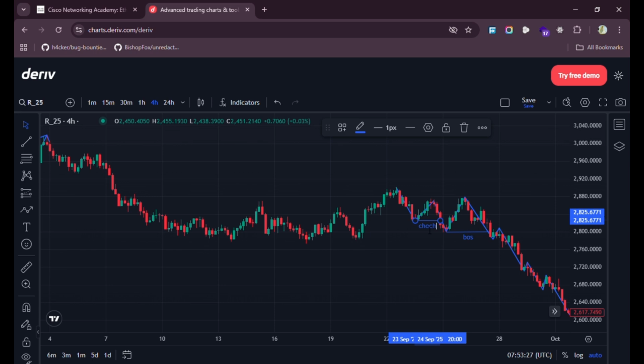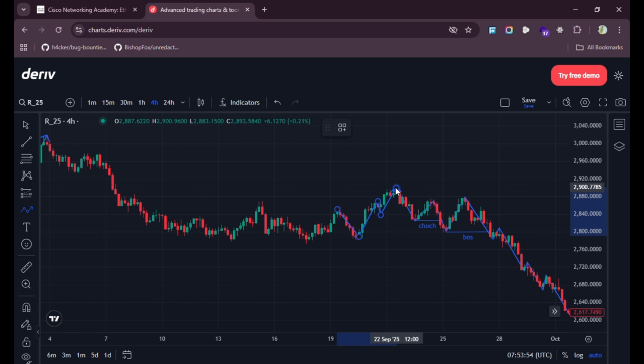Change of character, whereby the market gave us a signal that it will be changing its character from what we had seen here, that the market was going to the upward side. As we had seen it here, most people are sure that this market is going to buy.